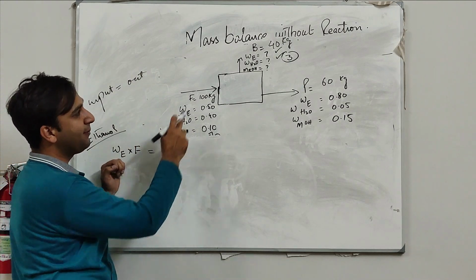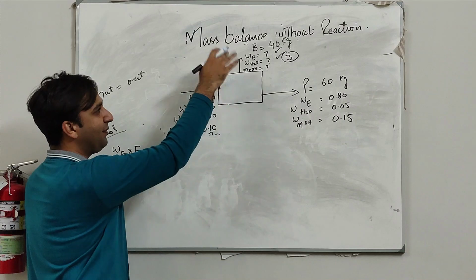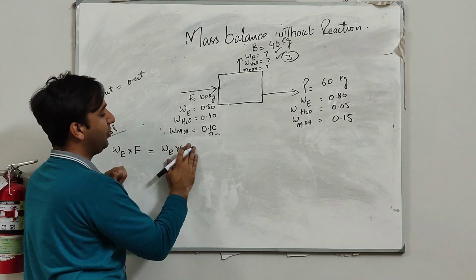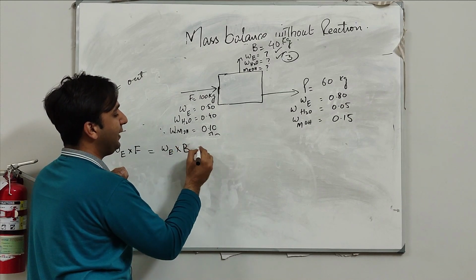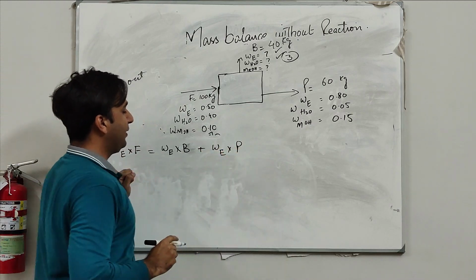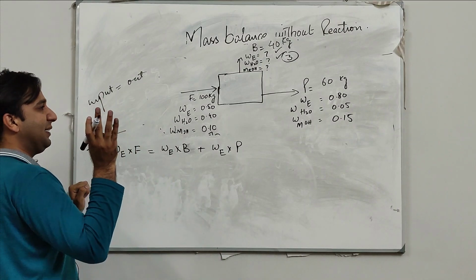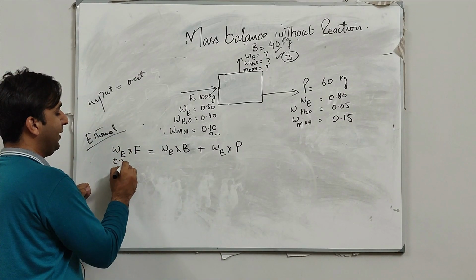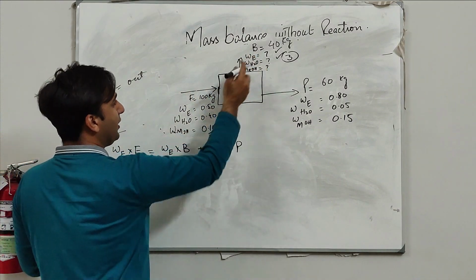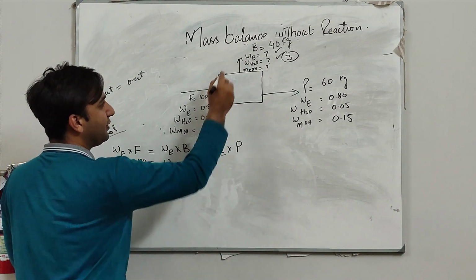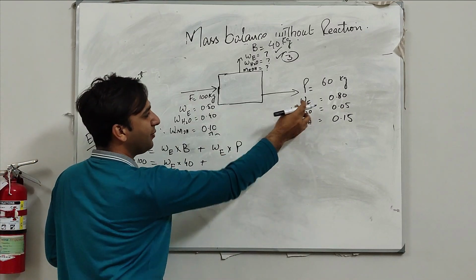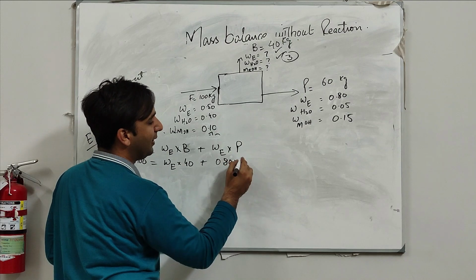Input is only this, and the B stream is leaving, so the weight fraction of ethanol multiplied by 40, or B, plus the weight fraction of ethanol multiplied by P. If I input the known values: 0.50 multiplied by 100 is equal to the weight fraction, which is unknown over here, times 40 plus 0.80 multiplied by 60.